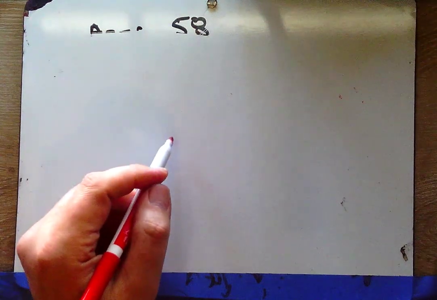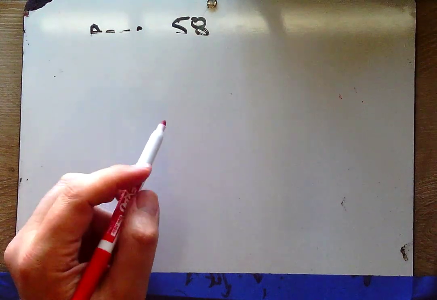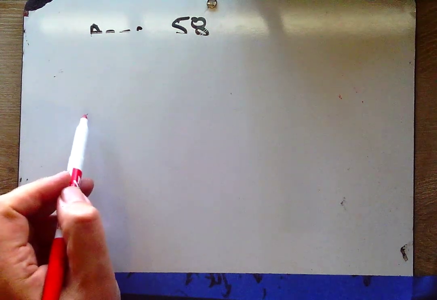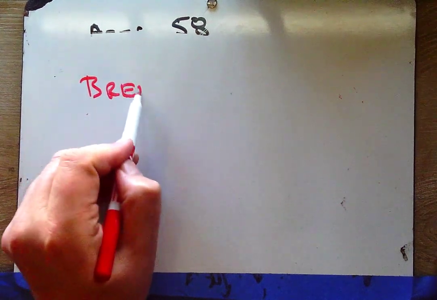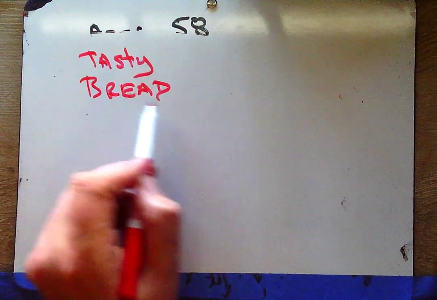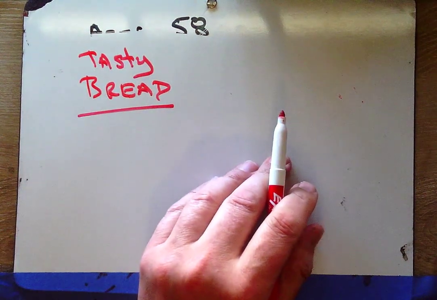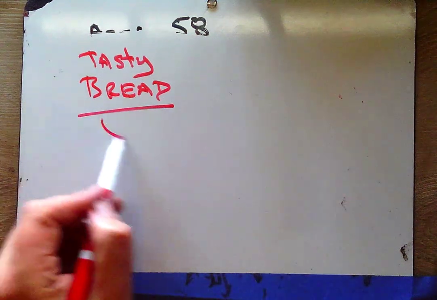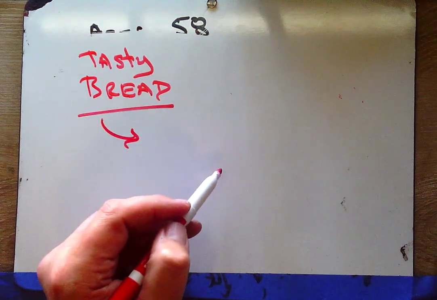I think the way that I think about this task is that I have a loaf of bread. Tasty bread. I have a loaf of tasty bread. And it's so tasty, I think to look at the ingredients. And conveniently, I can look up the ingredients.